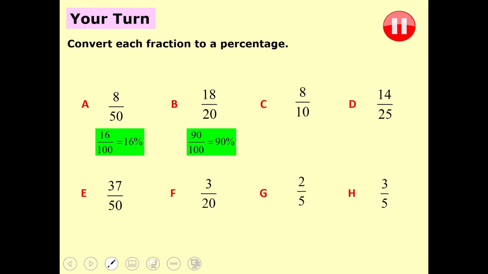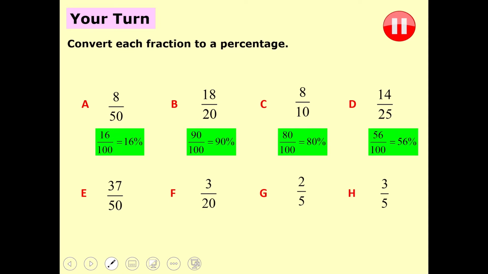Next one, 8 over 10, well, we need to times 10 by 10 to give us 100. So we need to times 8 by 10 as well to give us 80 over 100, so your answer should be 80%. D, 14 over 25, well, we need to times 25 by 4, so we need to times 14 by 4. Give us 56 over 100, so your answer should be 56%.